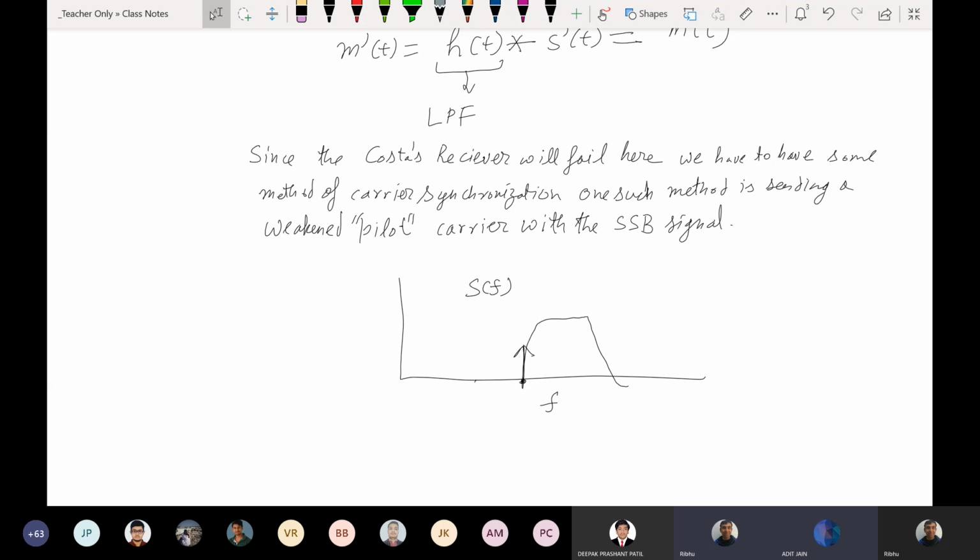Sir, are there asymmetric filters? Are asymmetric filters available? You don't need an asymmetric filter. Say you stretch from minus fc by w to fc.